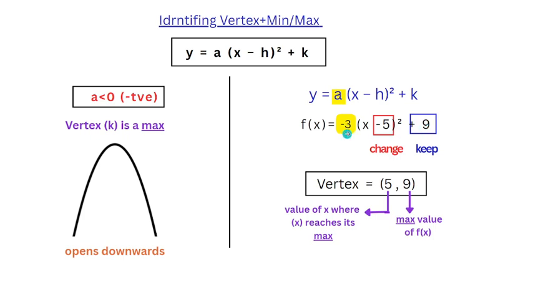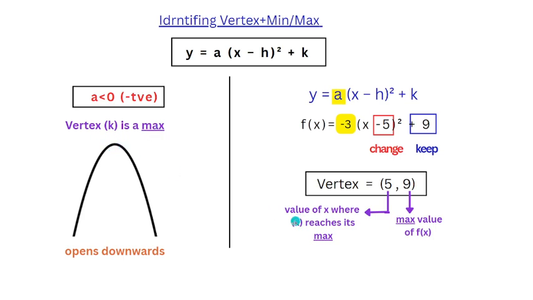Okay, when we see a is negative or less than 0, the parabola will be open downwards. بيبص لتحت, opens downwards. So the vertex is in the top, so the vertex is maximum.